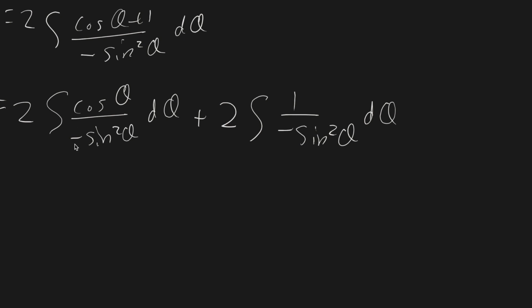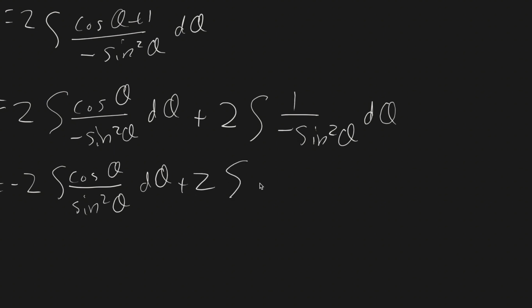Now, for this integral, let's bring the negative 1 outside, making this negative 2 times cosine theta over sine squared theta d theta. But for this one, let's leave the negative in, because this will become negative cosecant squared theta d theta.